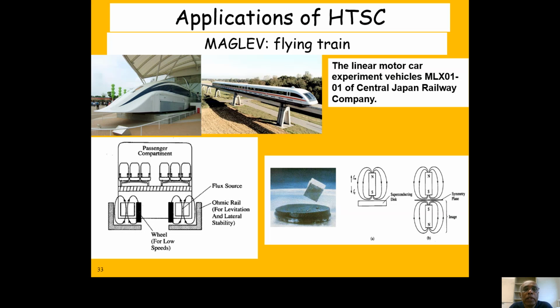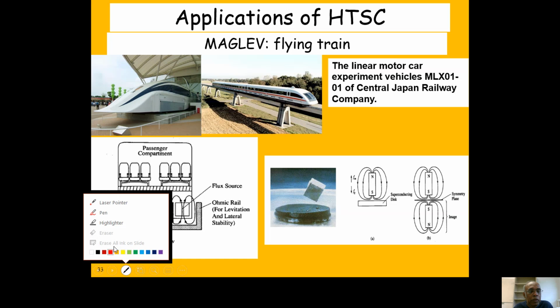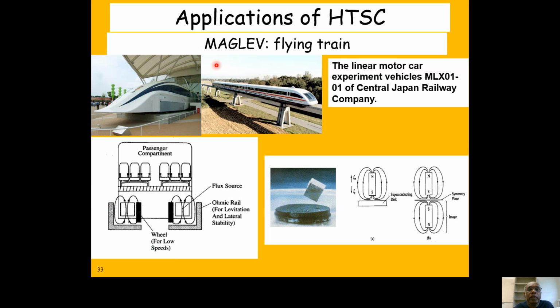We already talked a little bit about these magnetically levitating flying trains. These have been successfully implemented in many places, including the Central Japan Railway Company. In these maglev trains, what you have is these superconducting magnets shown here.